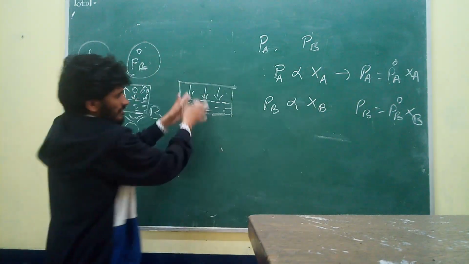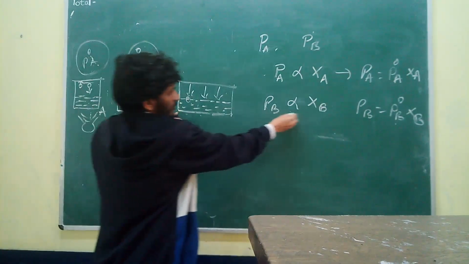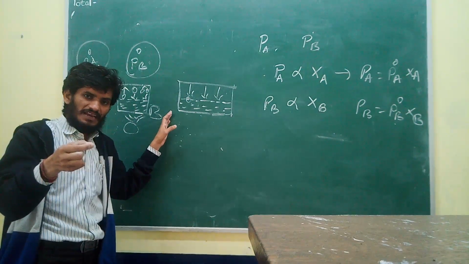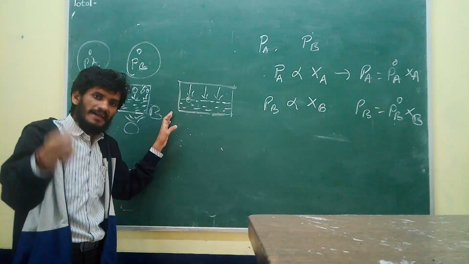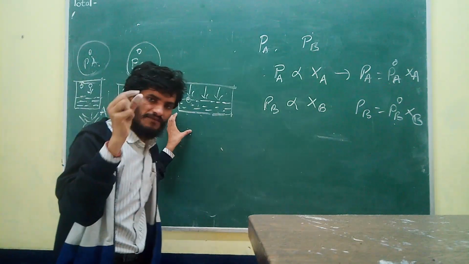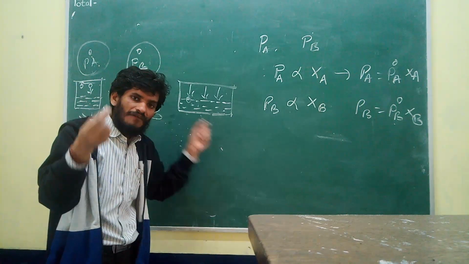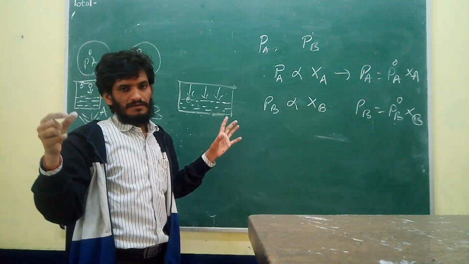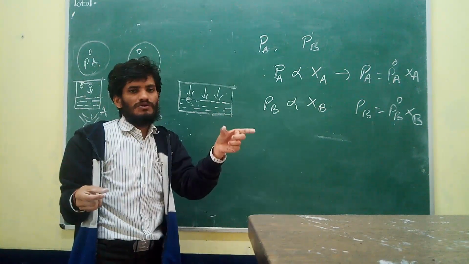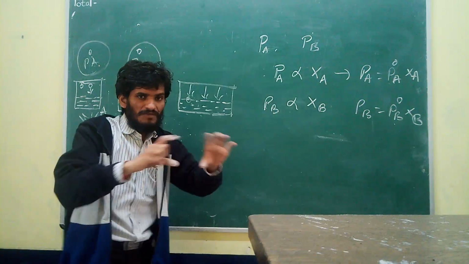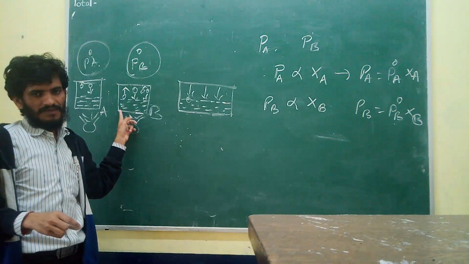Now, the overall solution means PA and PB are the vapor pressures of the A component and B component, meaning the individual vapor pressure of component A and component B after mixing into the solution. Without mixing, P naught A is the vapor pressure.